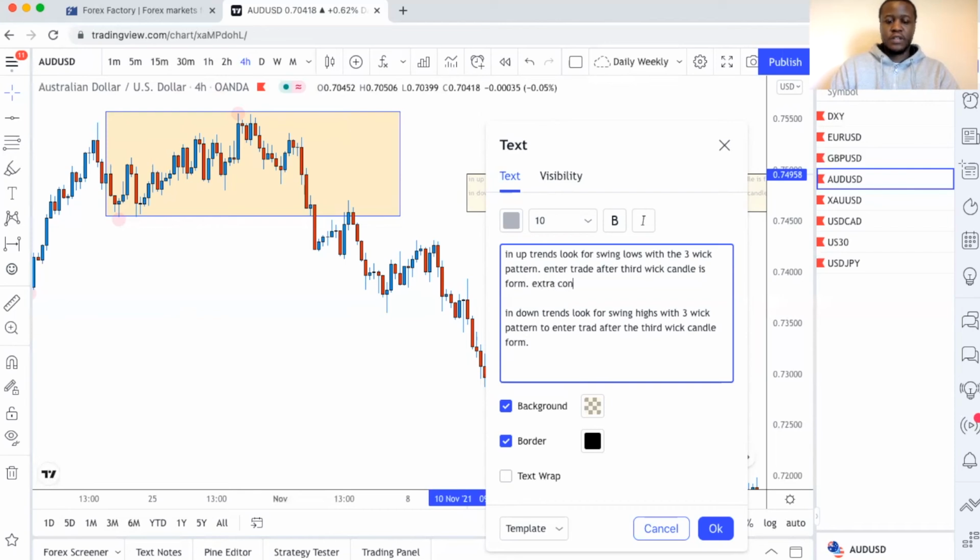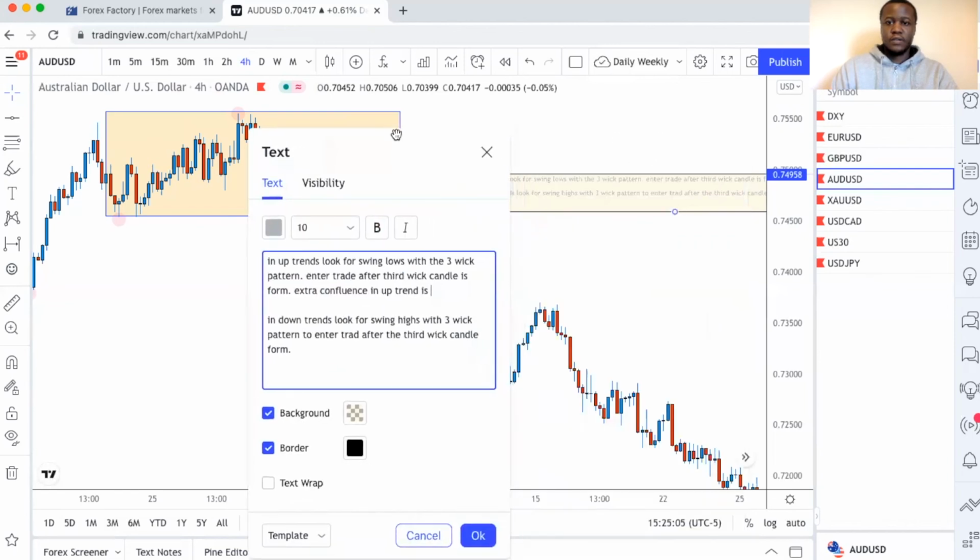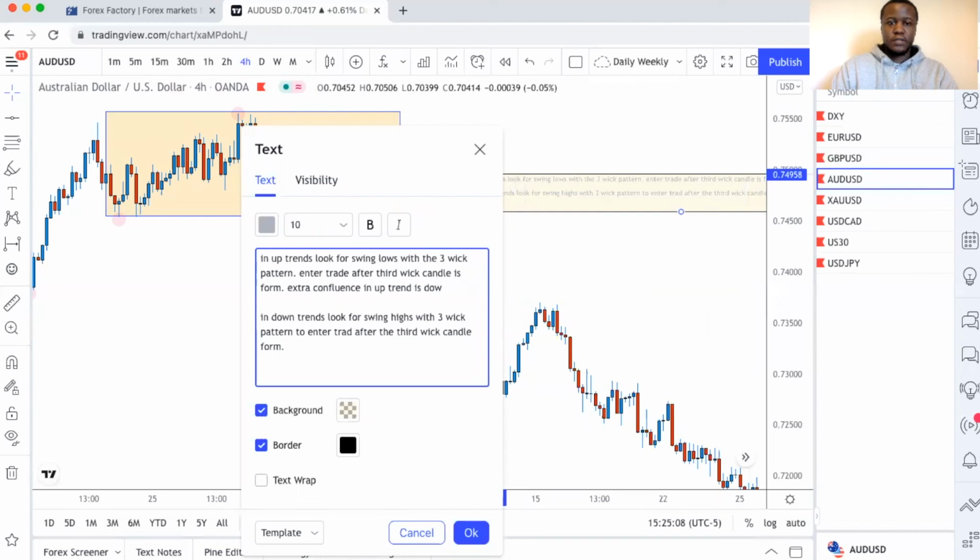Extra confluence in uptrend is down closed candles with the 3 wick pattern.